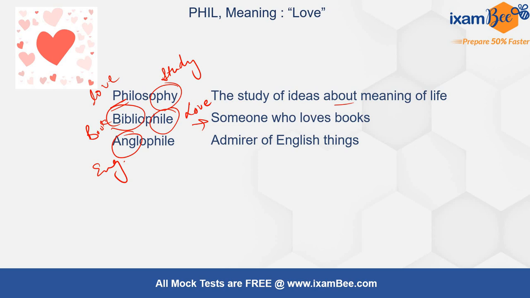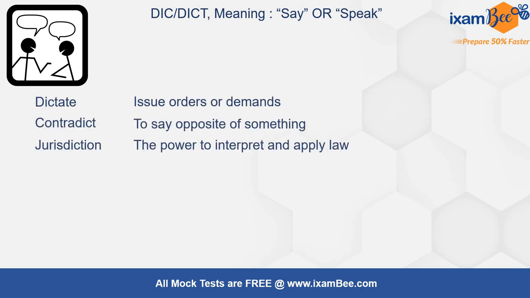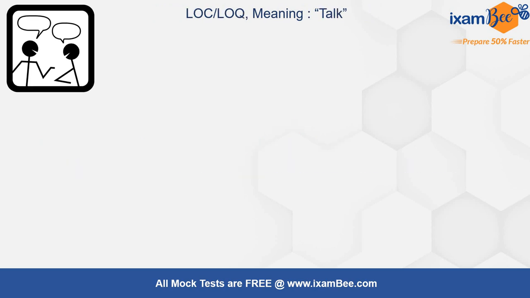So this is how root words help us understand the meaning of new words which we may not have heard, right? So dict means to say or speak. So words having dict will have something related to say or speak. Their meaning will be somewhere around this, right? And loc also means to talk.